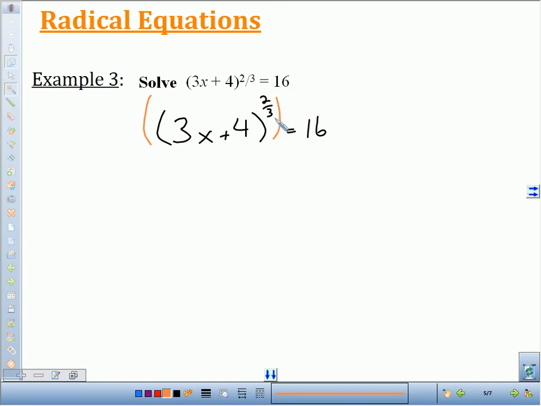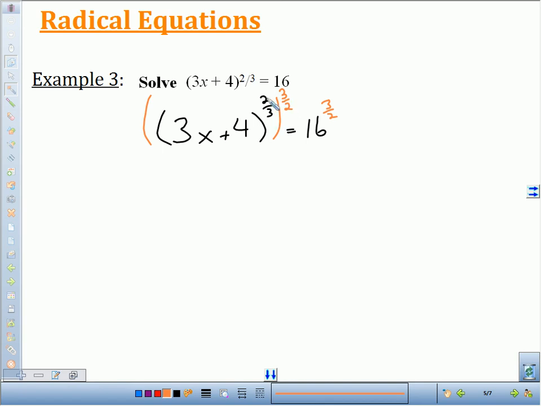Remember, the reciprocal is where we take the fraction and flip it upside down. So instead of raising this to the 2/3, I'm going to raise it to the 3/2. That is the reciprocal of 2/3. And I do both sides raised to the 3/2.